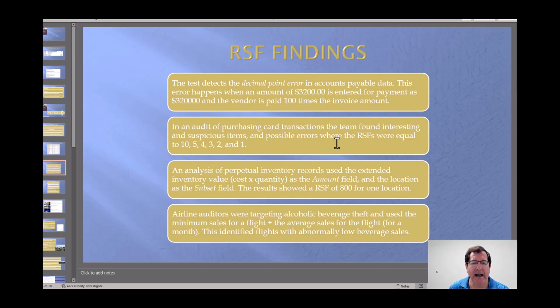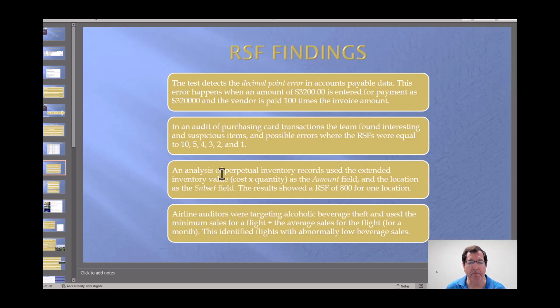When I've done these types of analysis, I've also found suspicious cases where the relative size factor, the largest divided by the second largest, is exactly equal to 10, 5, 4, 3, 2, and 1. Again, when the relative size factor equals 1, the largest and the second largest are equal.